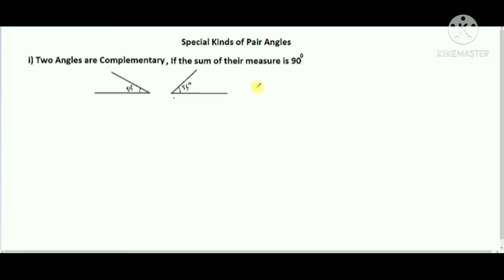If we add these two angles, you see what we get: 35 degrees plus 55 degrees. Sum means plus, it will be 90 degrees. So according to pairs of complementary angles, if the sum of two angles is 90 degrees, then they are complementary.